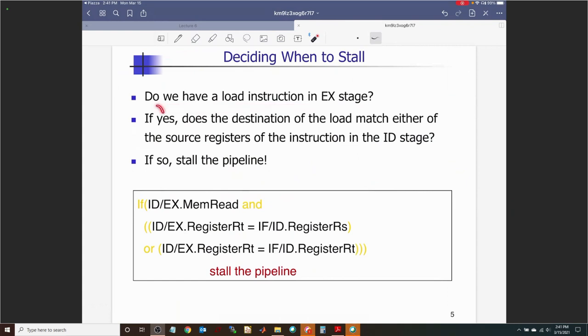And if yes, does the destination of the load word, $2 in our example, match one of the source registers of the instruction in the instruction decode stage, which means one stage earlier, which is the instruction right after the load word? In our case, the destination register was $2, and one of the source registers was also $2.